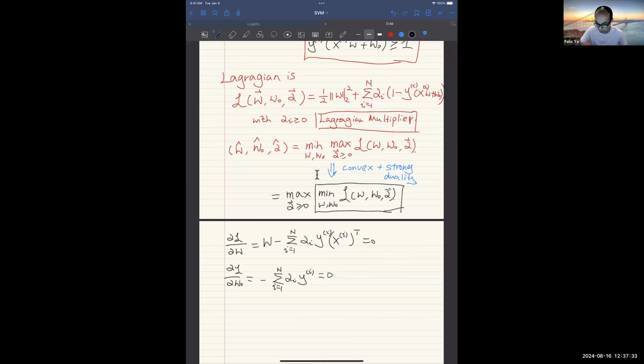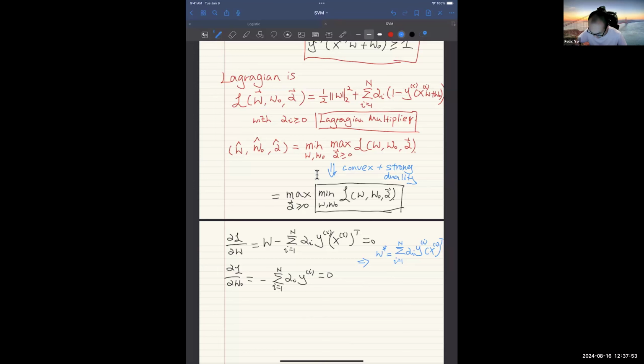That tells you that W star is the summation from i from 1 to n of alpha i, yi, xi transpose.